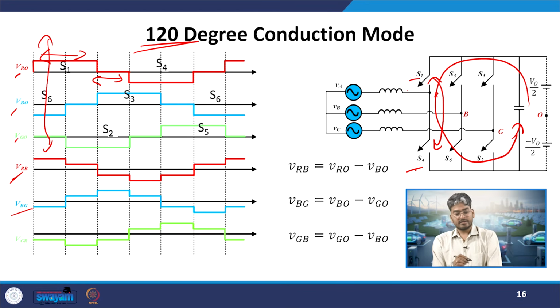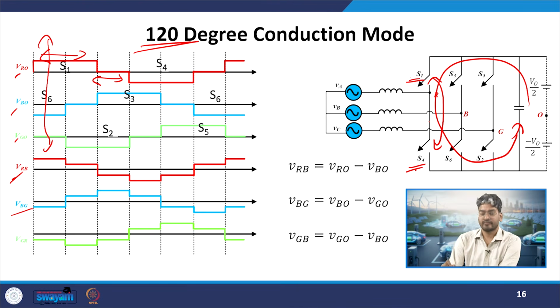Whereas in this 120-degree mode of operation, we do not have this simultaneous operation. One switch was removed from the gate pulse, then we waited for 60 degrees, then the complementary switch was turned on. Because of this 60 degree gap, the possibility of this short circuit was almost negligible.